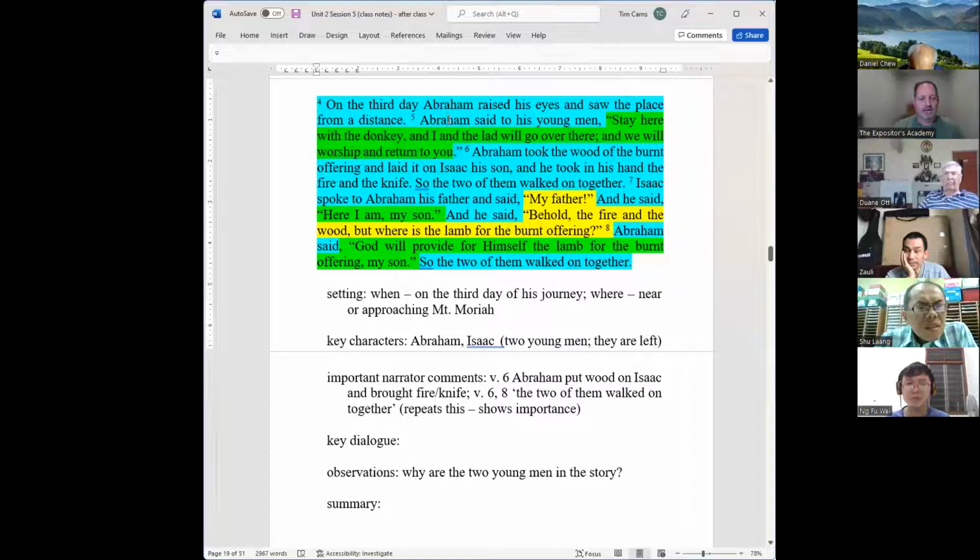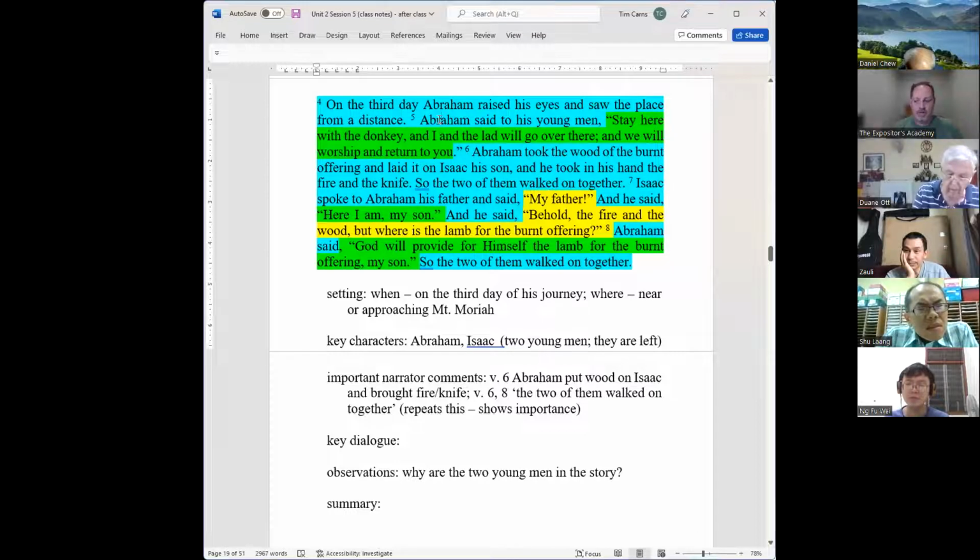I believe there's something important in Abraham's statement in the story, so the author included these two young men because they were the ones that he made this statement to. Perhaps what Abraham said here, the author clearly felt was important to the story because he puts it in. But perhaps that's why the young men are here, because he said it to them.